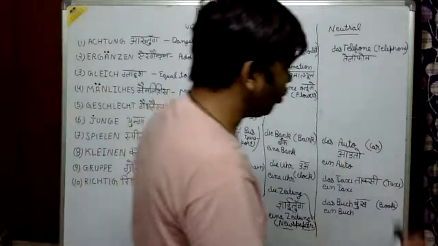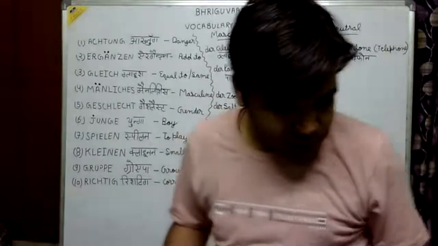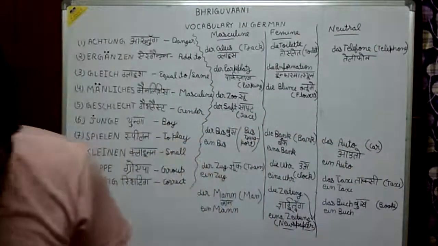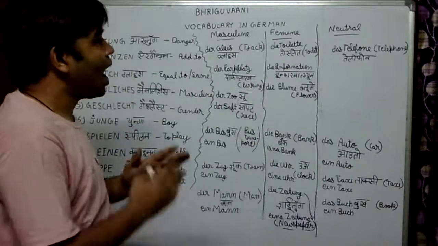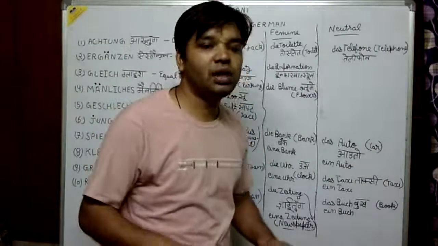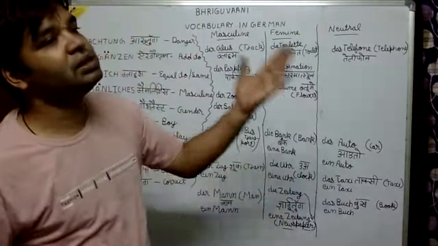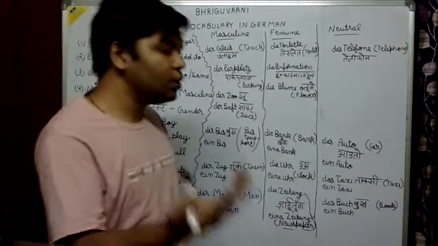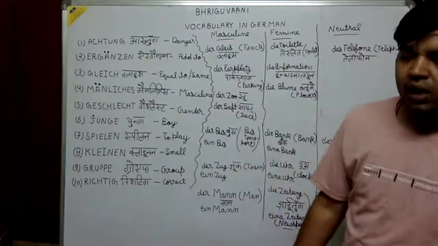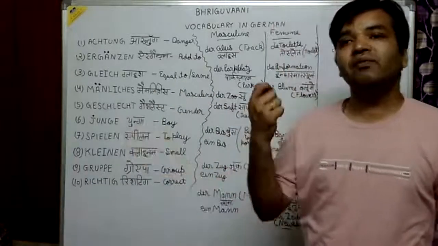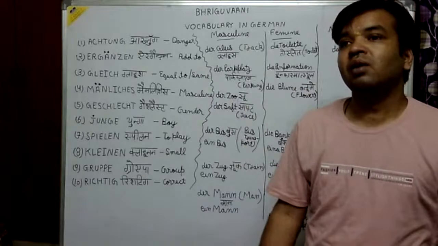And now look at a new word. I shall continue because we have earned a huge number of lists. With the passage of time, when we use certain words, we'll get to know whether it is masculine, feminine, or neutral. For definite masculine, we say der. For indefinite masculine, we say ein.